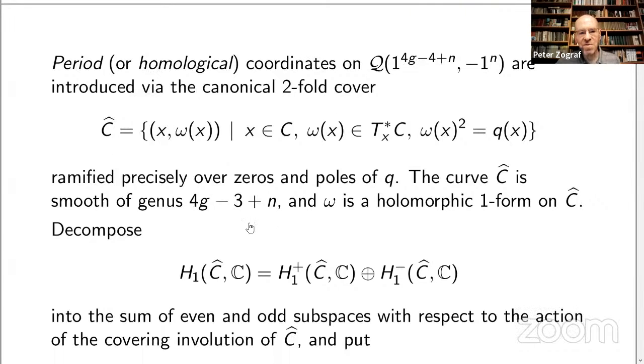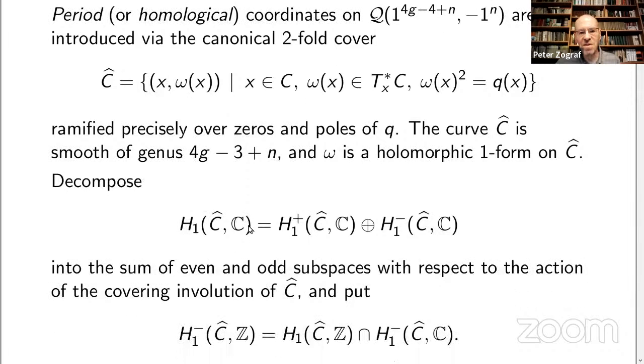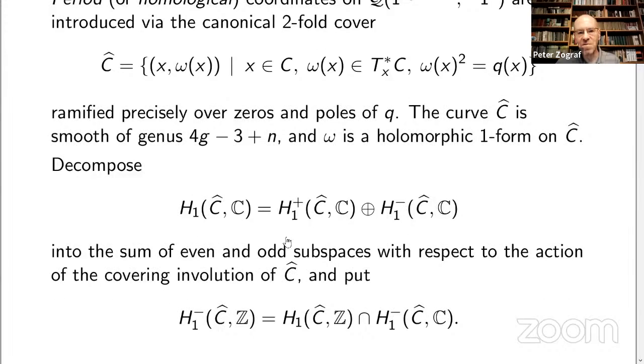Let us decompose the first homology group of C hat with complex coefficients into the sum of eigenspaces of the covering involution, H1 plus and H1 minus, where H1 plus is the even subspace and H1 minus is the odd subspace in the homology of C hat with complex coefficients.